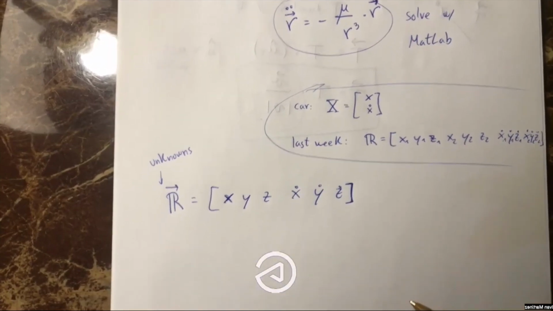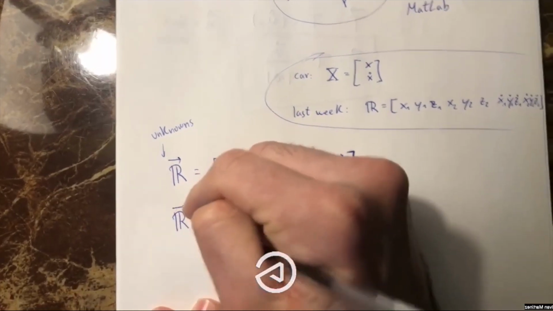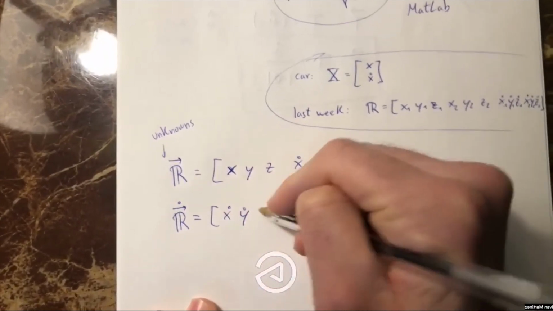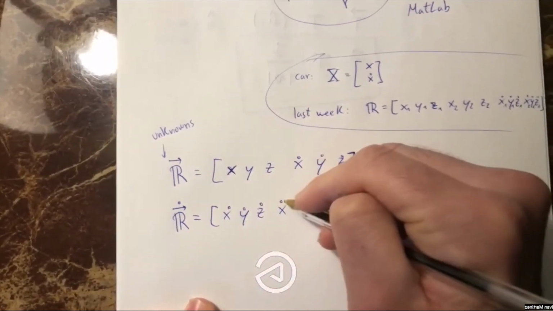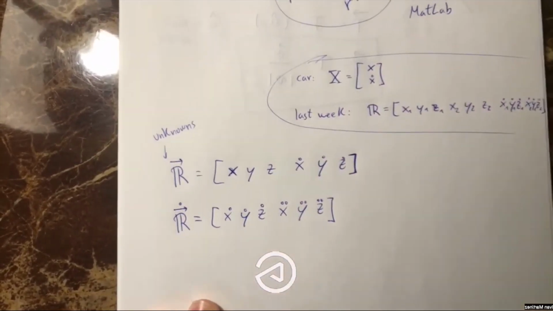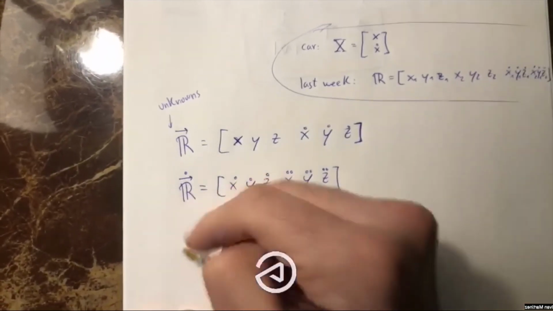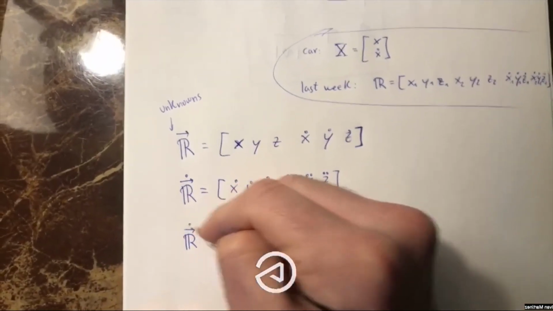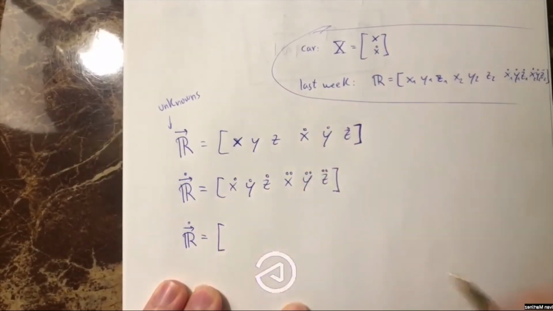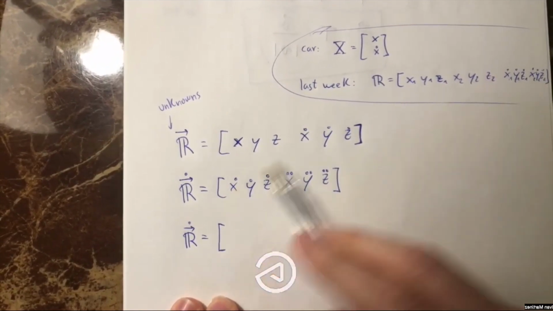How did we solve these problems using MATLAB? Let's find the derivative. Right? Easy, we've done this. So what is this? As we did last week and two weeks before, I sound like a broken record, but it's clearly what it is.